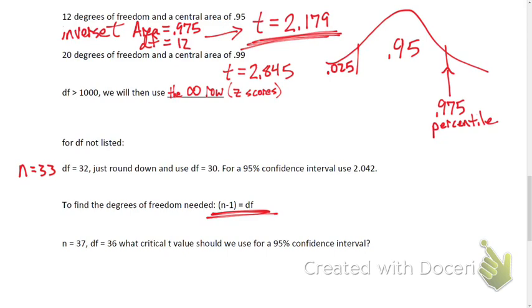So I go down to the 30th and I see this printed for T. Same with that bottom one. I round down to 30 and use the same exact T-score.